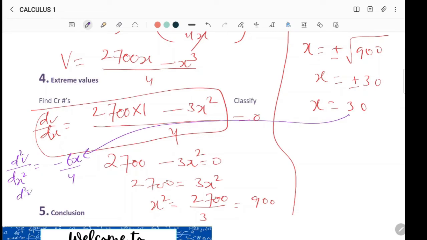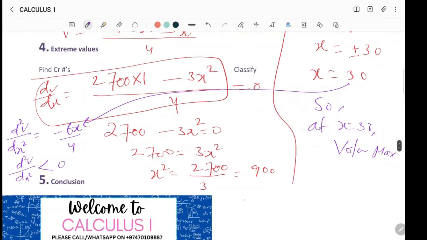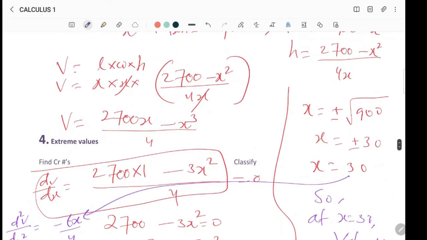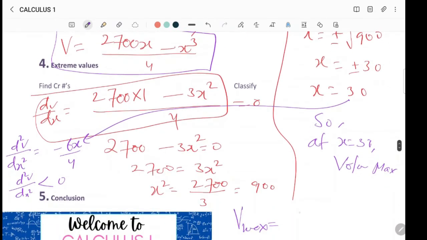If you put it, then obviously it is negative, right? So at x equals 30 we will get volume max. What's the V max, guys? Just put x equals 30 in this.